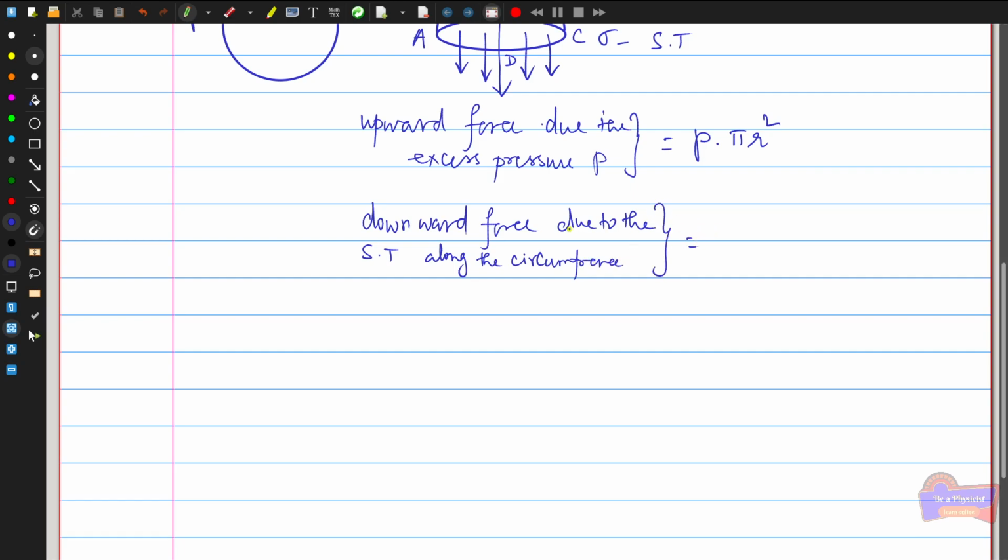We know the surface tension is sigma and the circumference is 2 pi r. So sigma times 2 pi r is the downward force due to the surface tension along the circumference of the circle ABCD.